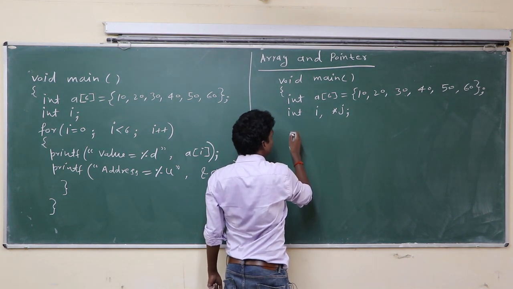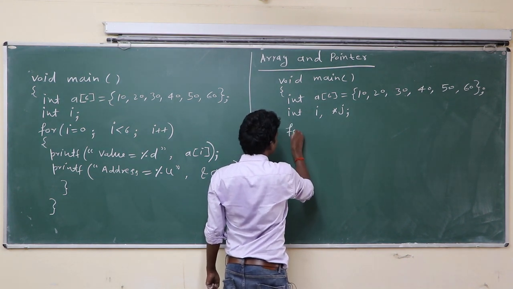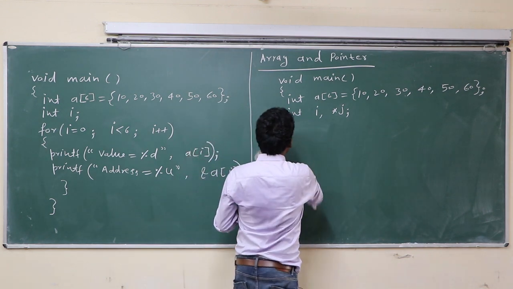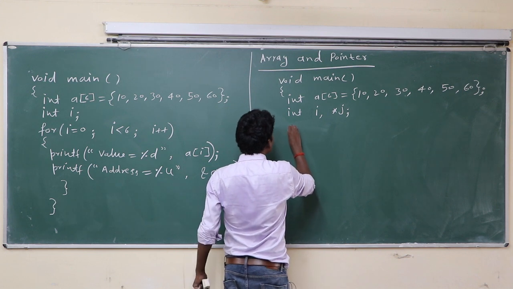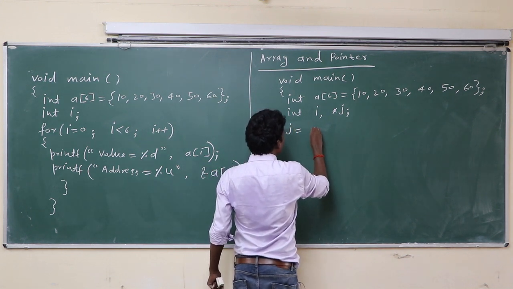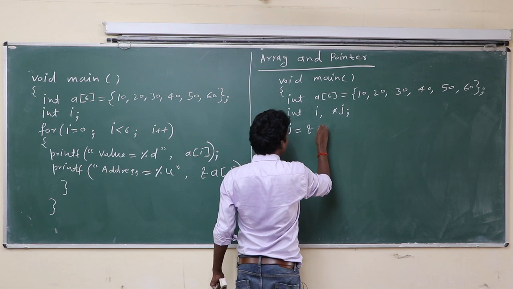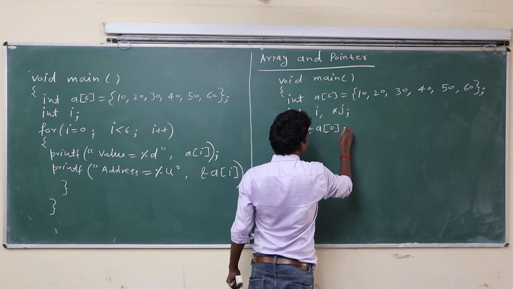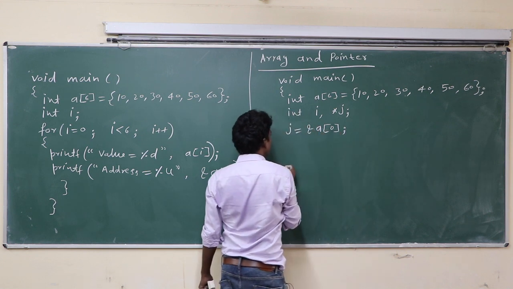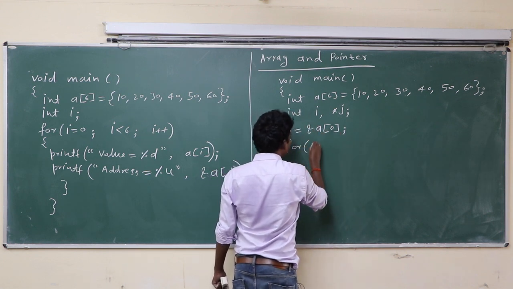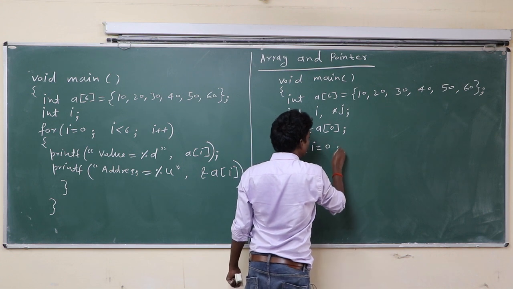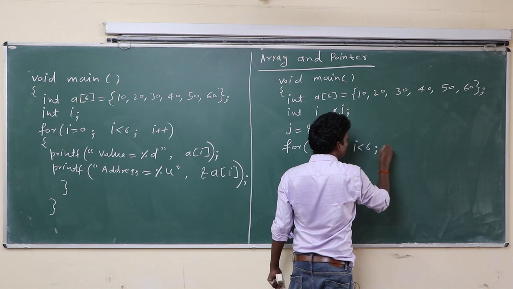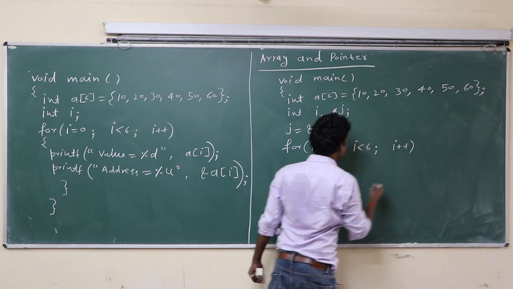Now j has address of a of 0, base address basically. For I equal to 0, I is less than 6, I plus plus.